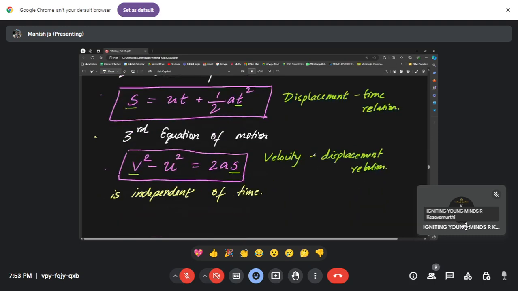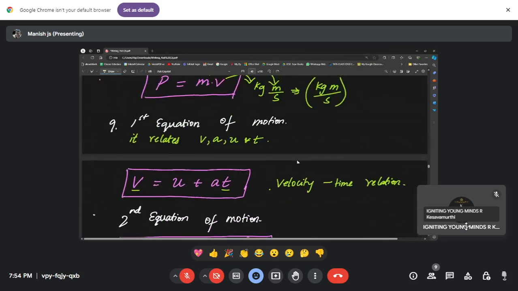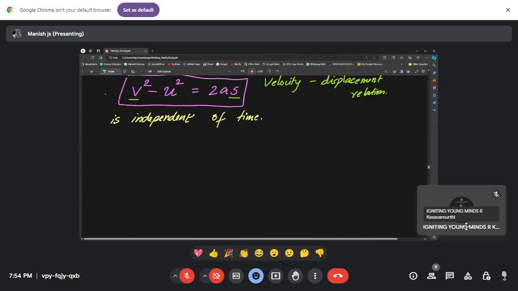And the third equation of motion is independent of time, wherein you can't find the time term. It's a velocity and displacement relation. So like this, we have three equations of motion, which are the important pillars to solve many questions, many numericals in kinematics. Okay, so with that, we'll go to the next concept. The number is 9.